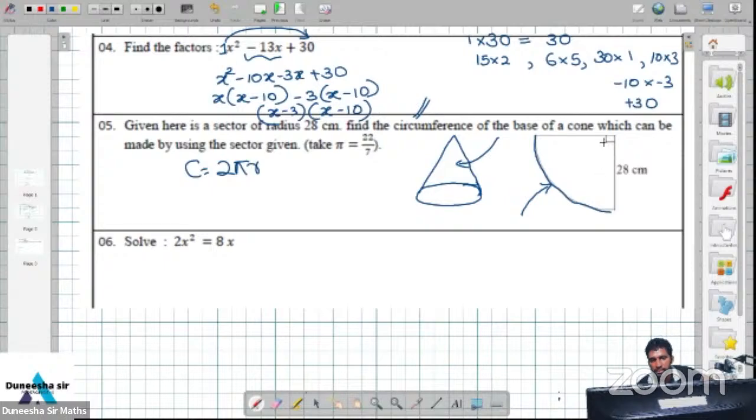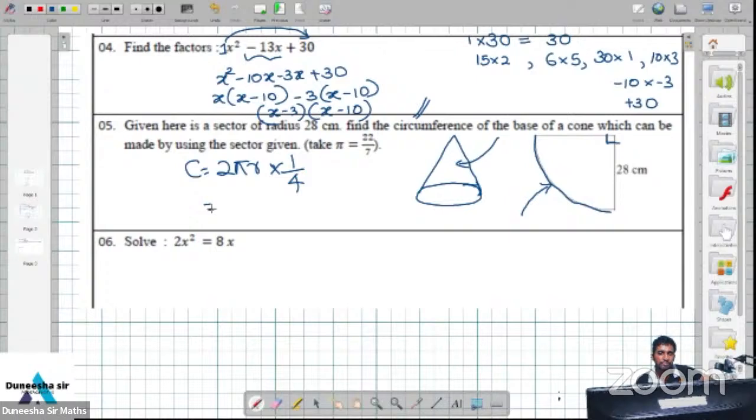But there is a sector with 90 degrees. How much of the circle is it, what fraction? Yes, 4. Then you have to multiply by 1/4.